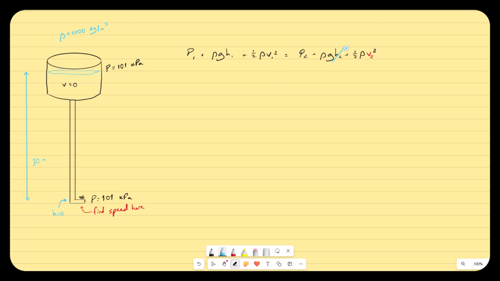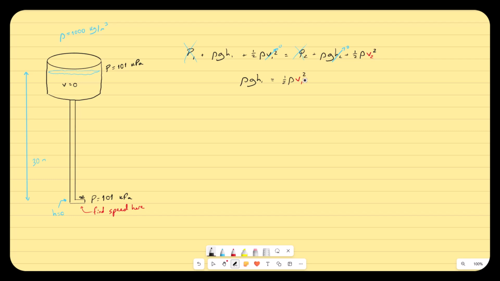So that's 0. The pressure is the same at the top as it is at the bottom. We don't have anything pressurizing this. It's not like a closed system. And at the top we have a speed of 0. So this thing reduces a lot. Rho g h1 equals half rho V2 squared.